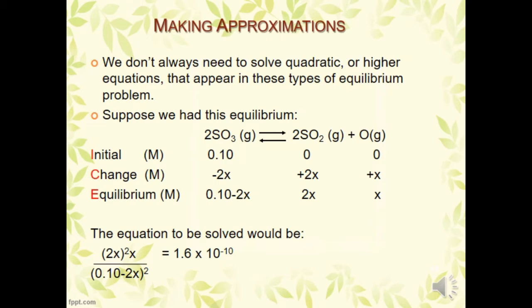So in this example, rather than solving using the quadratic equation, we will approximate. Substitute the expression and the Kc value to find x. When we approximate, we can ignore this x value here.